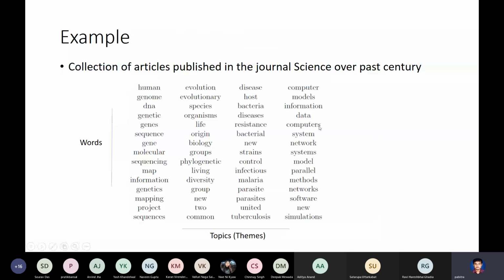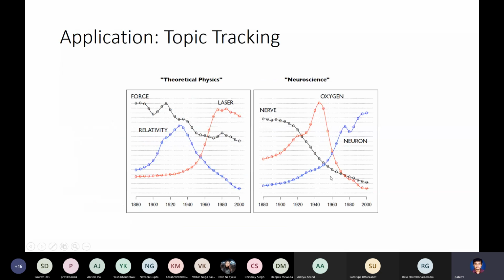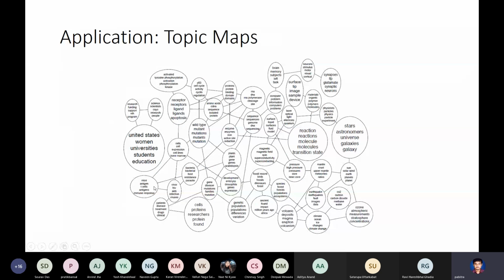Just as one document can be annotated with multiple topics, one word can also appear in multiple topics. So you see the number of common words between two topics, and then draw an edge between them. Each node is a topic, and you get a kind of thematic map, which can help you navigate the topics, organize the topics, search the topics, and so on. This is sometimes called a semantic web or a knowledge graph.